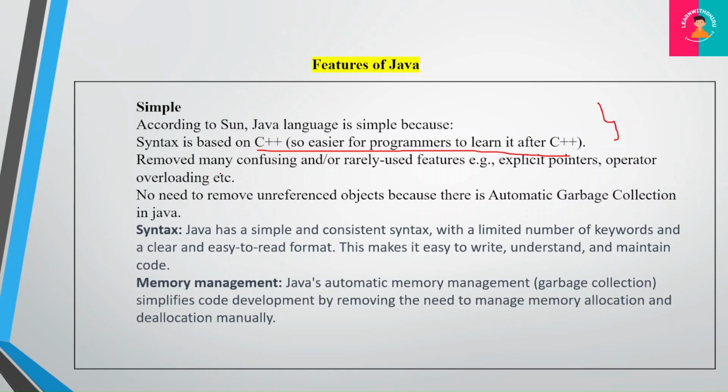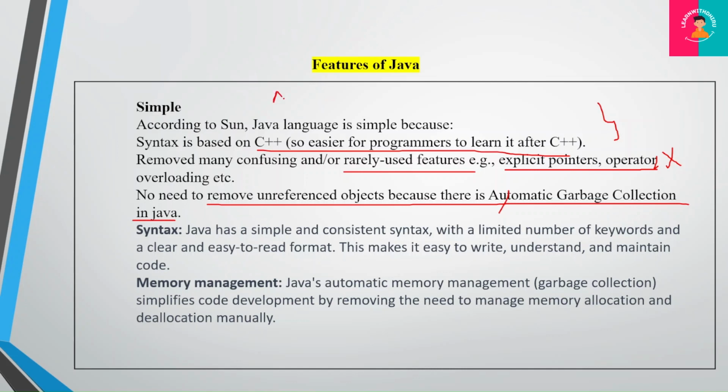Also, it has removed confusing and rarely used features of C++, like the explicit pointer and operator overloading. So these are not supported in Java. There is no need to remove unreferenced objects because there is automatic garbage collection.